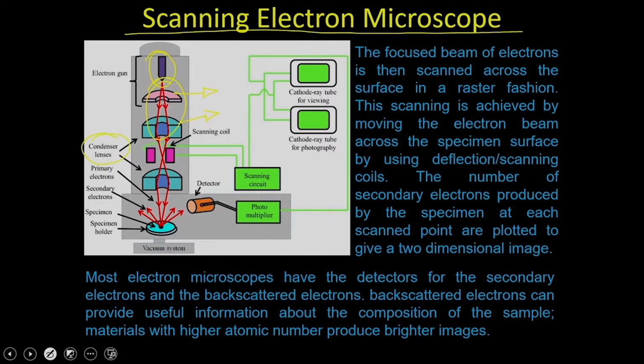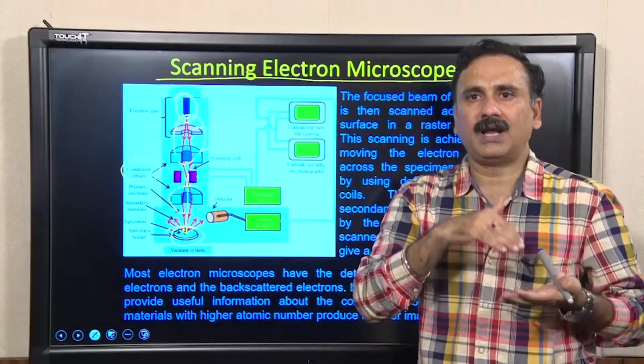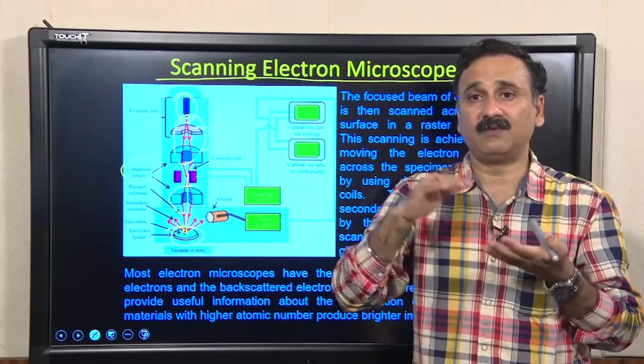The condenser lens focuses them, and then it allows you to bombard the sample, which is placed on a sample holder, with the electrons.